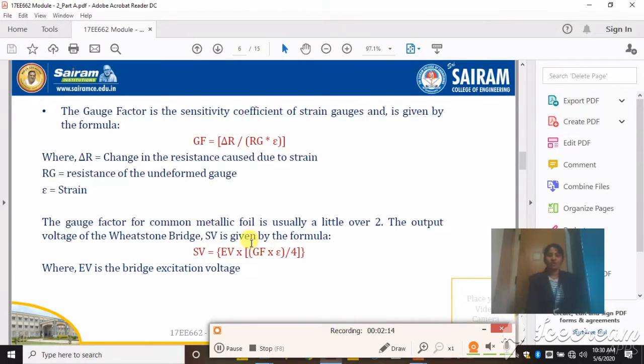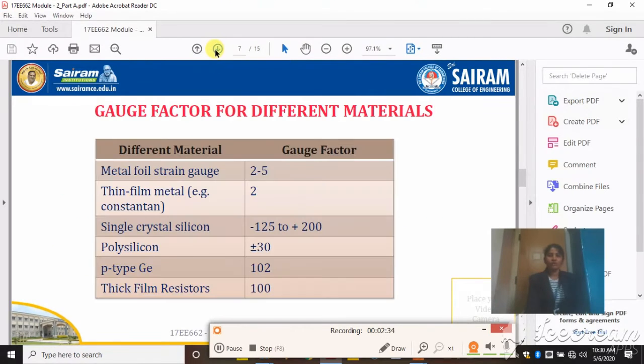GF is the gauge factor, which can be identified by using ΔR, the change in resistance, divided by gauge resistance times strain. Strain can be identified by using your change in length. This is how we can identify the strain when the object is subjected to force. Now, for different materials, the gauge factor is shown here for your kind reference. You can just make a note of it.